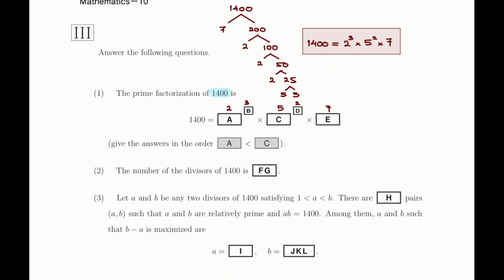And then the number of divisors of 1400 is blah blah blah. I think to answer this question, you need to know the formula to find the number of divisors of a number after you express that number in its prime factorization.